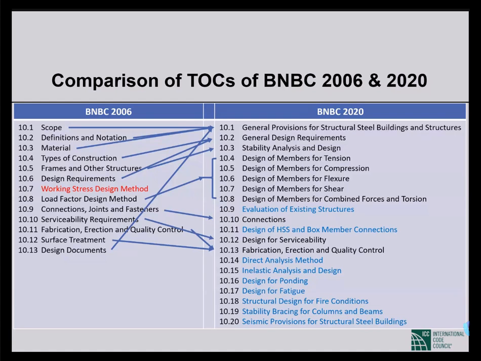But at the same time, many new sections have been introduced in BNBC 2020, like evaluation of existing structures, design of HSS and box member connections, direct analysis method, inelastic analysis and design, design for ponding, design for fatigue, structural design for fire conditions, stability bracing for columns and beams, and the last but not the least, seismic provisions for structural steel buildings.